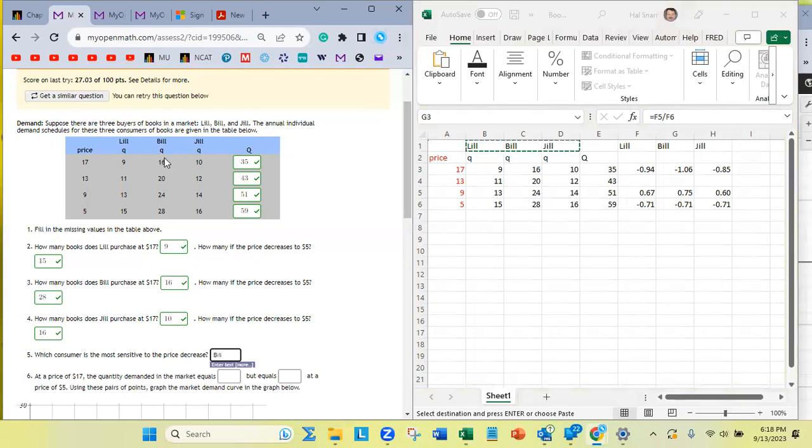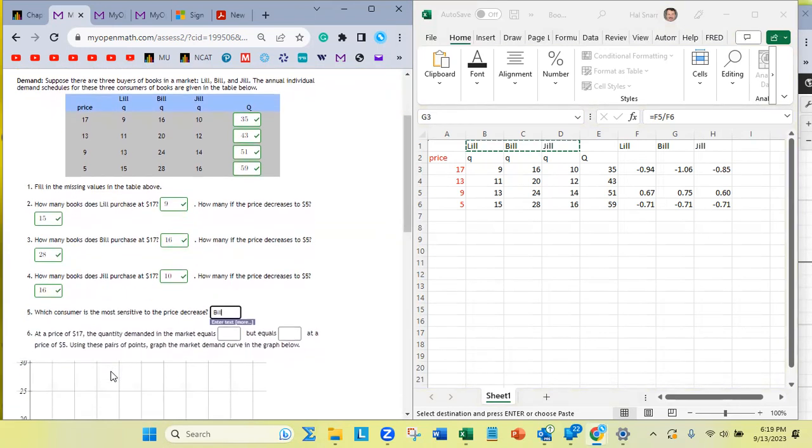So 28 minus 16 divided by 16 is going to be bigger than 15 minus 9 divided by 9, or 16 minus 10 divided by 10, right? So it looks like Bill is the most sensitive to the price change. And when you're looking at price sensitivity, you want to look at the percent increase in the quantity that they consume. And in percent changes, Bill has the biggest, right?